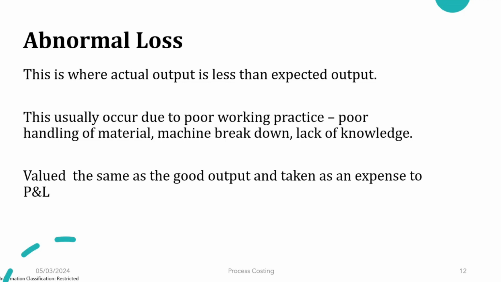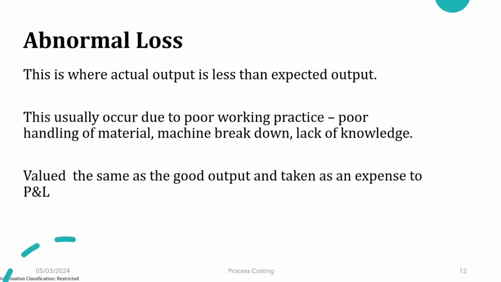Remember I earlier mentioned that there are some textile factories doing mass production like this, like printing the fabric or weaving the fabric. If the person is very experienced, then they can make sure that the expected output is almost similar to the actual output.